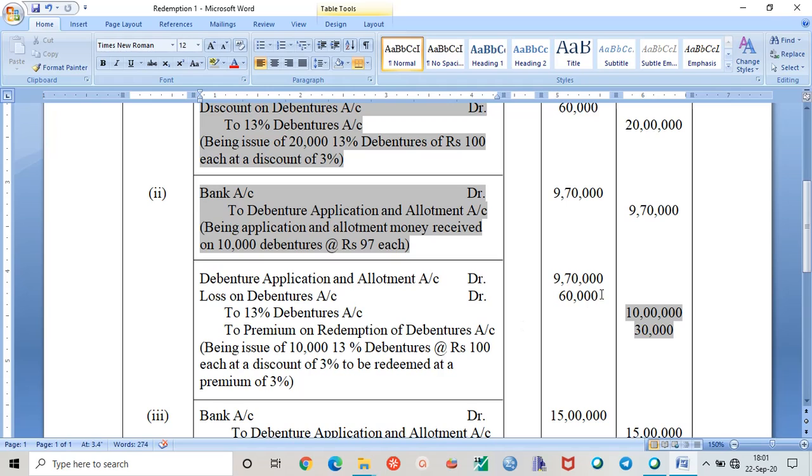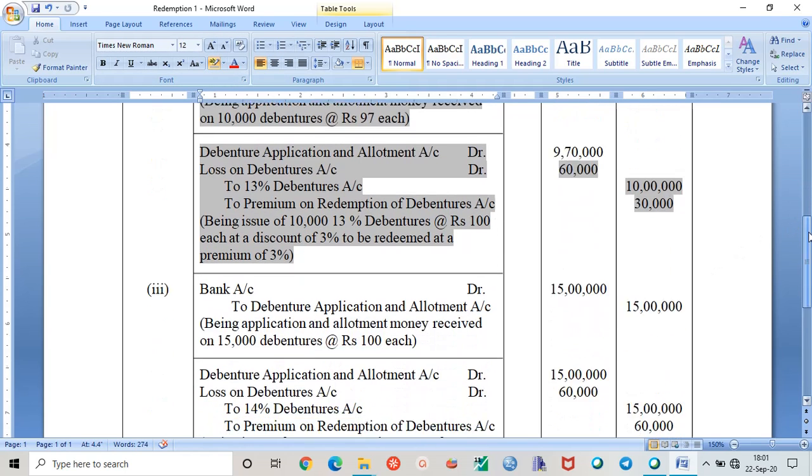How is this loss of 60,000 coming? This loss includes both the discount of 30,000 and the premium of 30,000. So 30 plus 30 is 60. This is how we get the loss on debentures. This is your second entry.